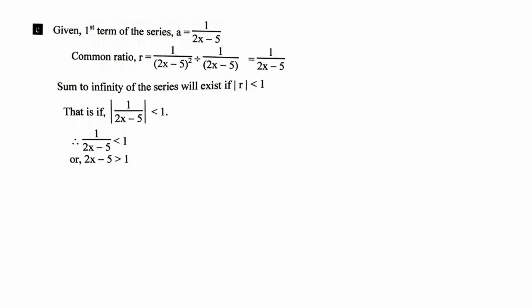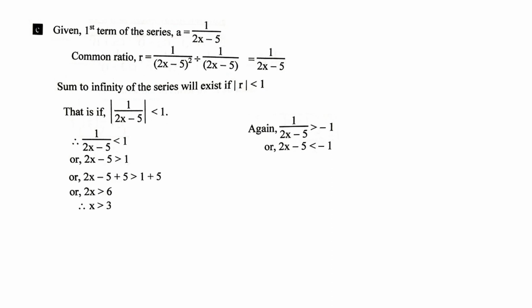These two lines are important to understand. Now 2x - 5 + 5 is greater than 1 + 5. Adding 5 on both sides, we get 2x is greater than 6. Therefore, x is greater than 3. Again, taking the negative part, 1/(2x-5) is greater than -1.